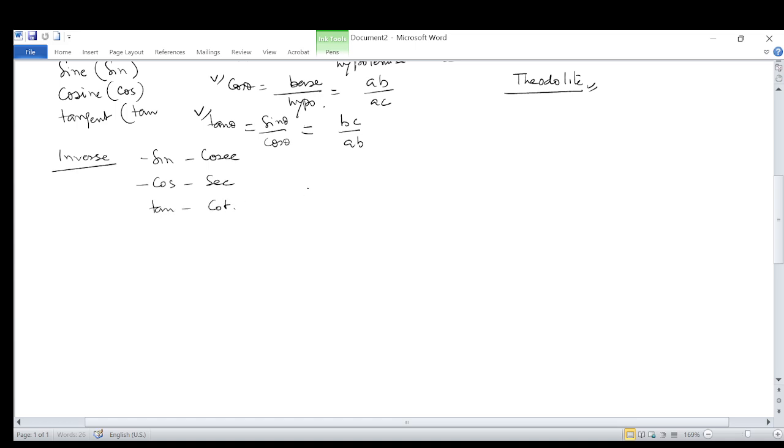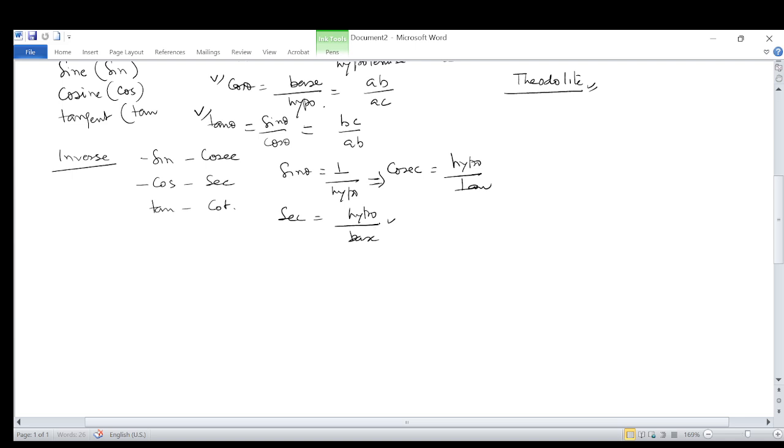If sine theta is perpendicular upon hypotenuse, then cosec is hypotenuse upon perpendicular. The same way, sec is hypotenuse upon base, and tan and cot you may understand.